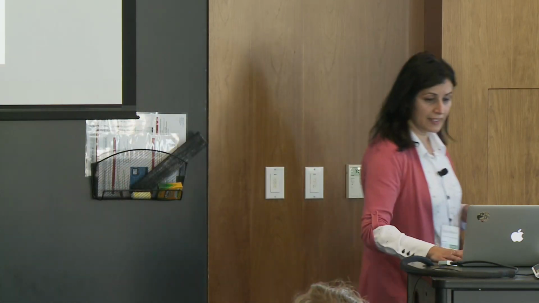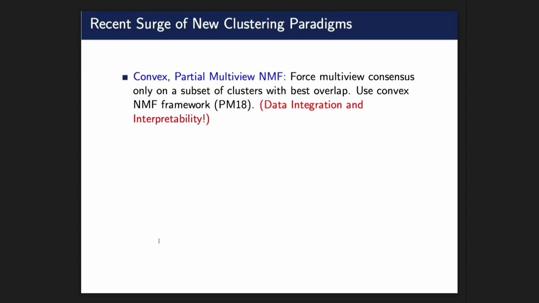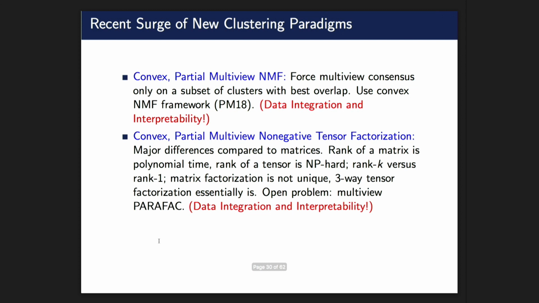The other directions that the machine learning community is taking into account is extending, for example, the notion of non-negative matrix factorization into the domain of convex non-negative matrix factorization and non-negative tensor factorization. There were a lot of questions earlier in the morning from the audience: what if you have dynamically changing networks?